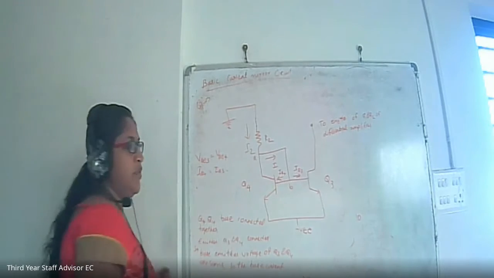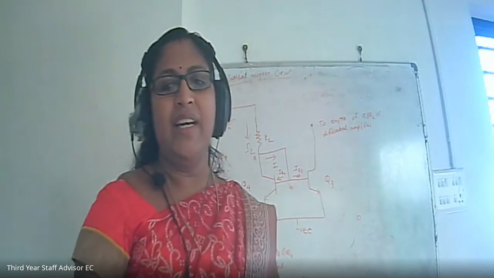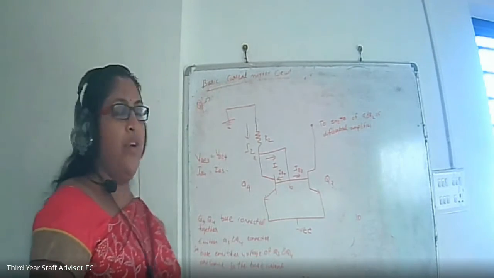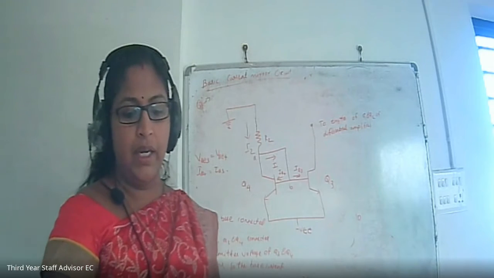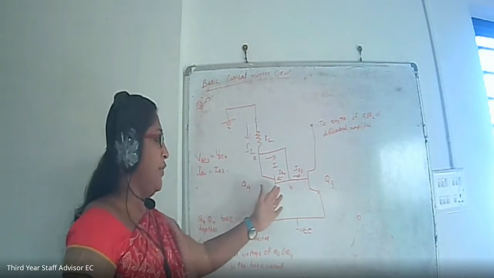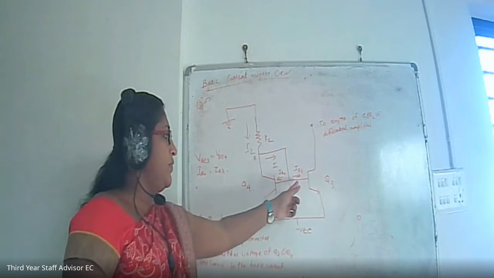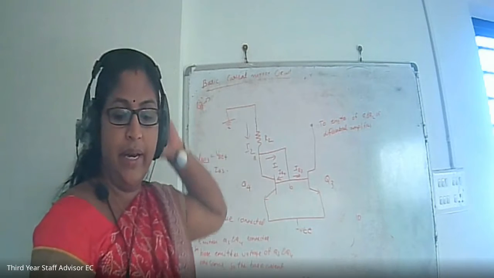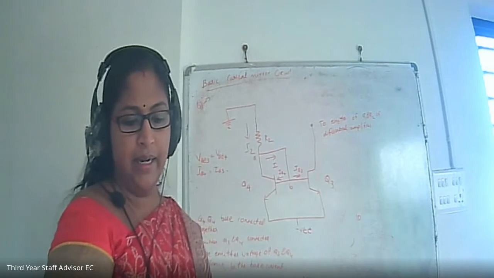So this is the assumption. Since they are connected together, VBE3 equals VBE4, and also IB3 equals IB4. You can see that from the circuit diagram itself, it is clearly visible, so you can write that assumption directly.